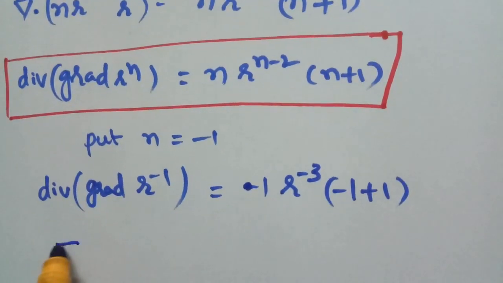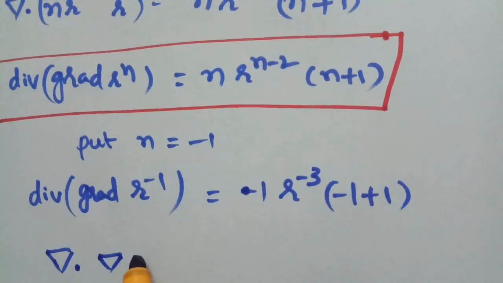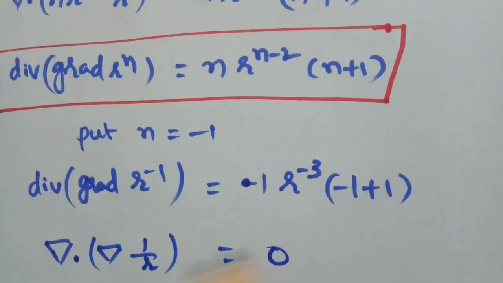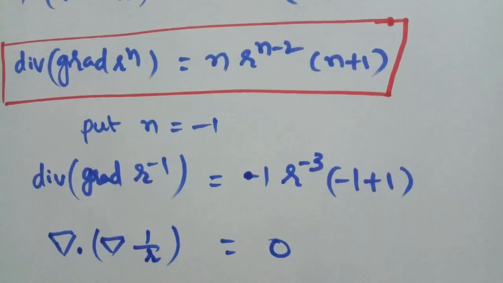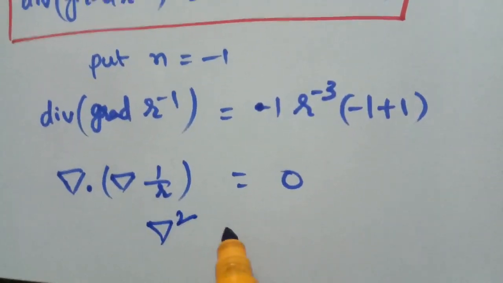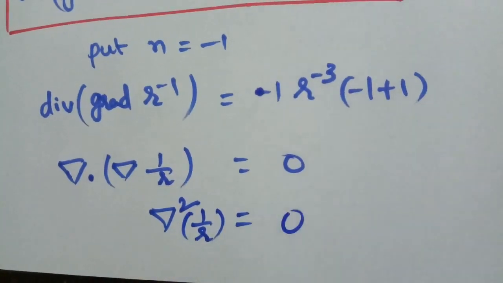This means div. Div means del dot, grad means del. R power minus 1 means 1 by r. That is equal to 0. Therefore, del dot del becomes del square 1 by r equal to 0.